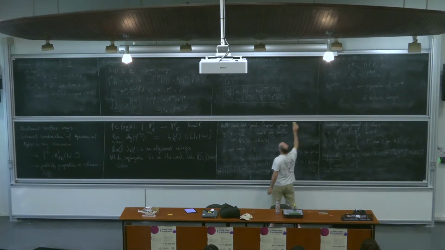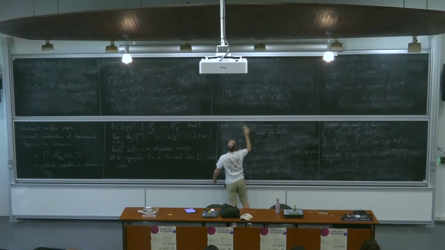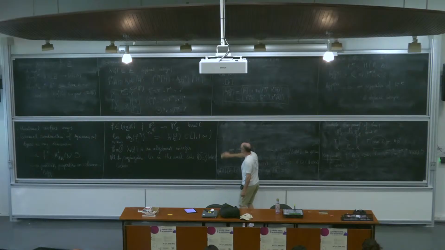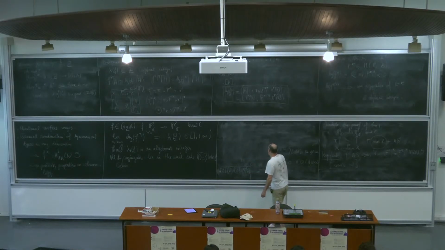Let me give a brief idea in the case that F is an automorphism. And then I comment in the general case, and then I'll try to start the general theory.